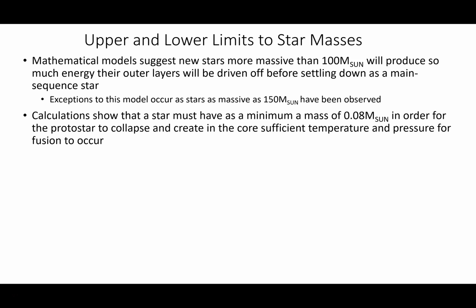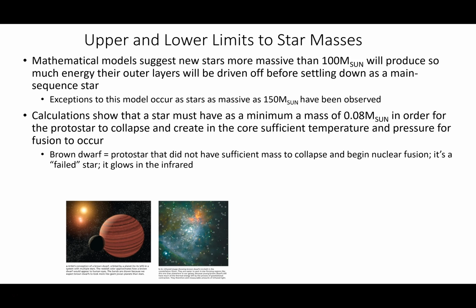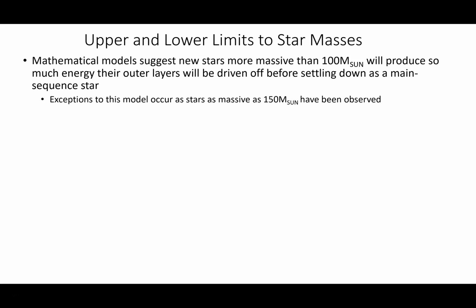So a while back, I talked about, we said these guys are massive, right? These guys on the HR diagram, massive. I should say high mass. How's that? High mass. And these guys are low mass. And we kind of started out, actually, there is a threshold.